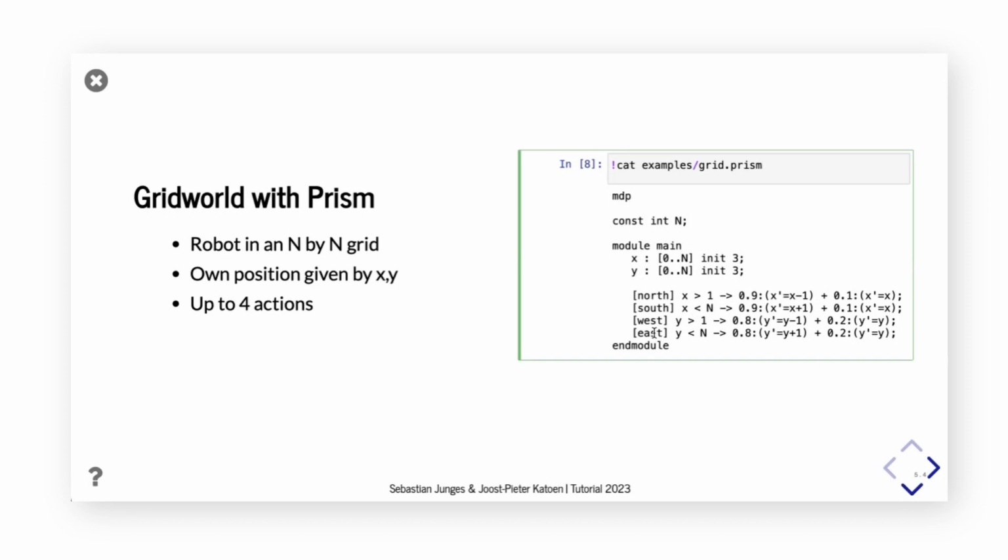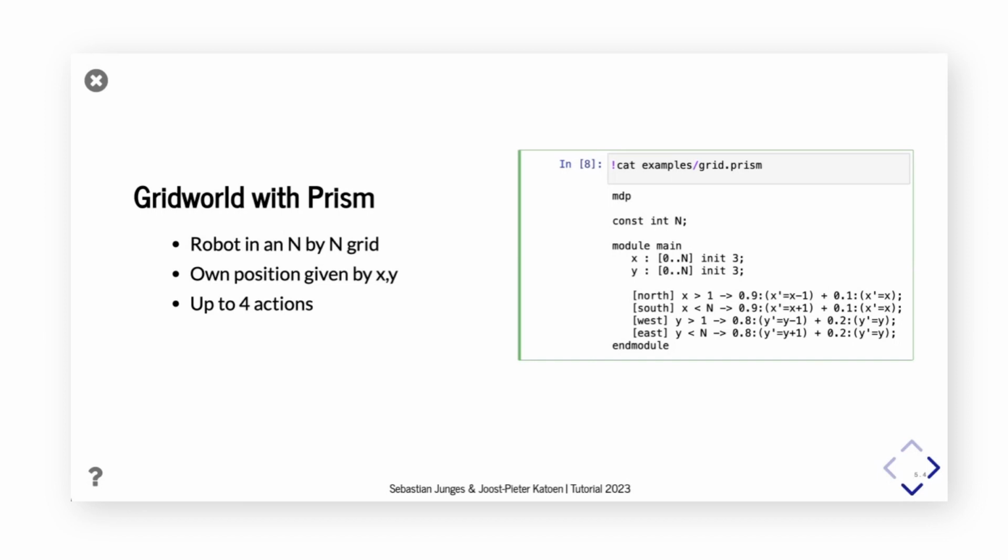If you go north, then you can only go north in this encoding if the x variable is actually bigger than 1. And if that is true, then in the next step, with probability 90%, we're decreasing x by 1. So that means that we're going up in my coordinate system. And with probability 0.1, the action will not have any effect.